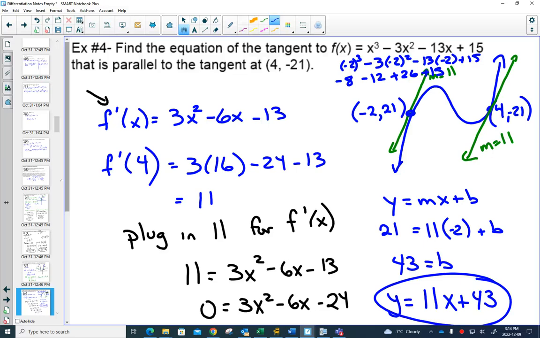One thing that will start to happen in IB classes: you might feel like 43 is kind of like, ooh, I haven't seen a 43 for a while. It feels a little weird. It's perfectly normal to have weird numbers in an IB question. It would not be uncommon if the final answer to this was y equals 11x plus 87 over 13.